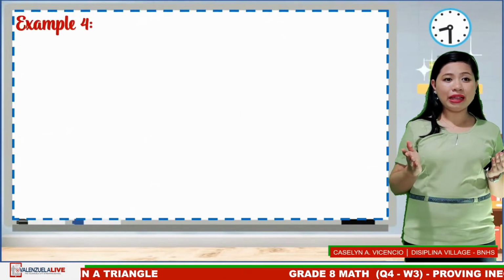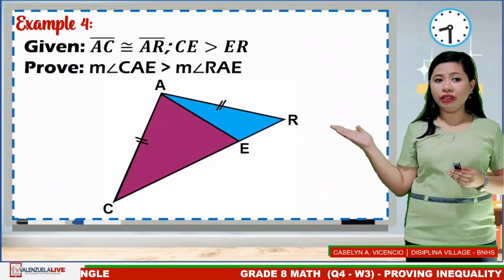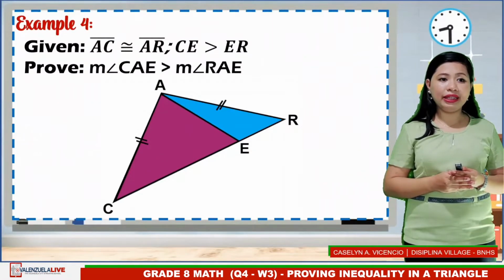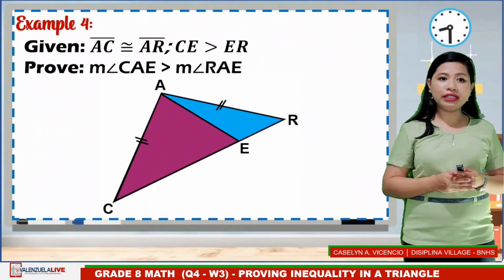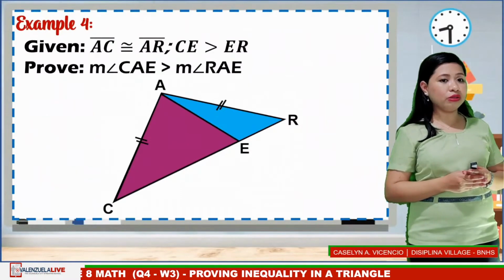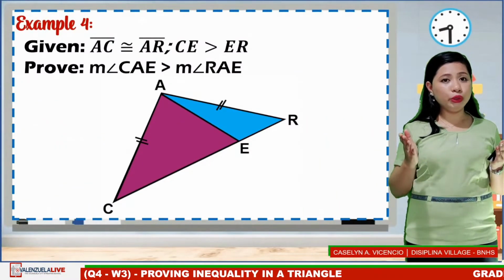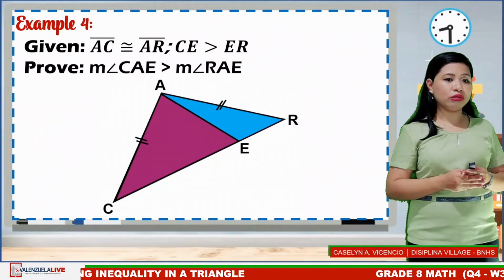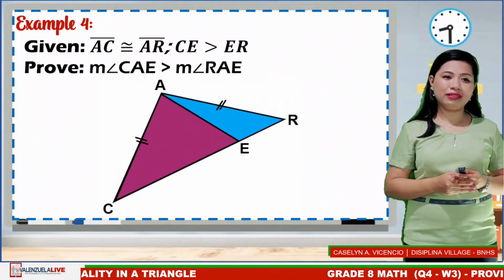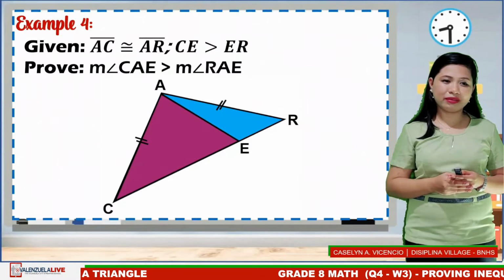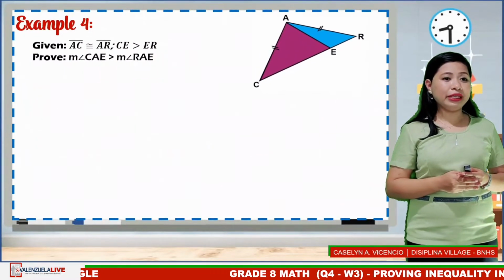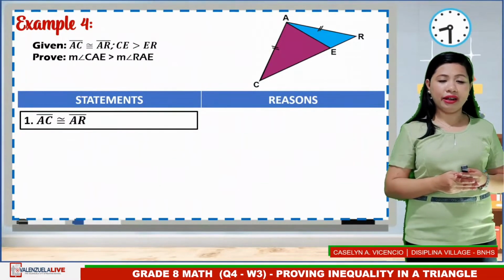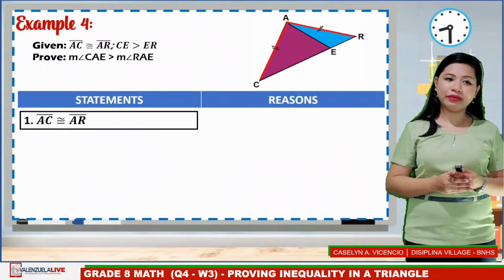For number 4, as illustrated in this figure, given side AC is congruent to side AR, and the measure of side CE is greater than the measure of side ER, we will prove that the measure of angle CAE is greater than the measure of angle RAE. The first statement is side AC is congruent to side AR as our given.